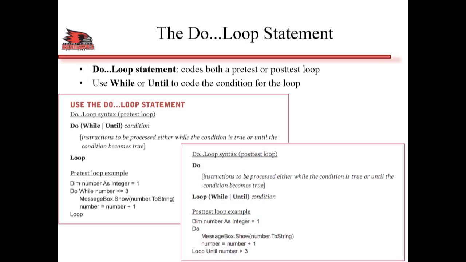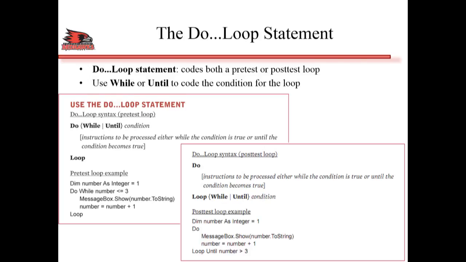And here it will keep on looping until number is greater than 3. So it's a different way of doing the same thing. Instead of a while, we're using until. So until number is greater than 3, the instructions will keep on happening.